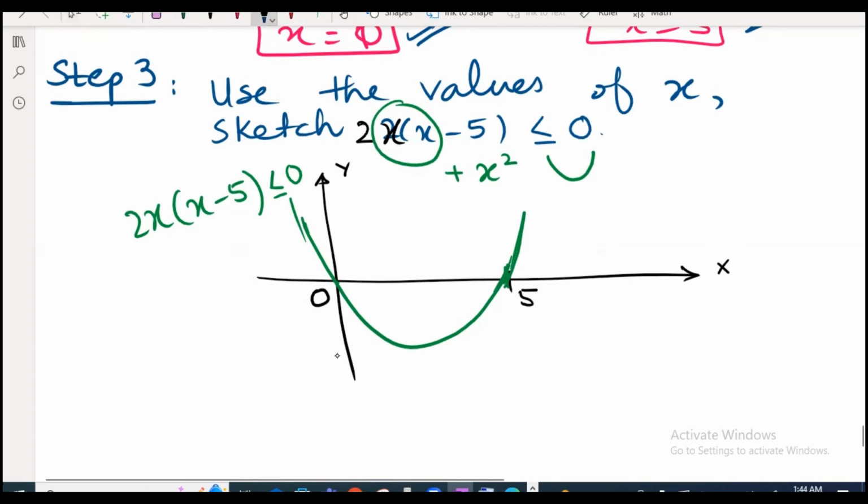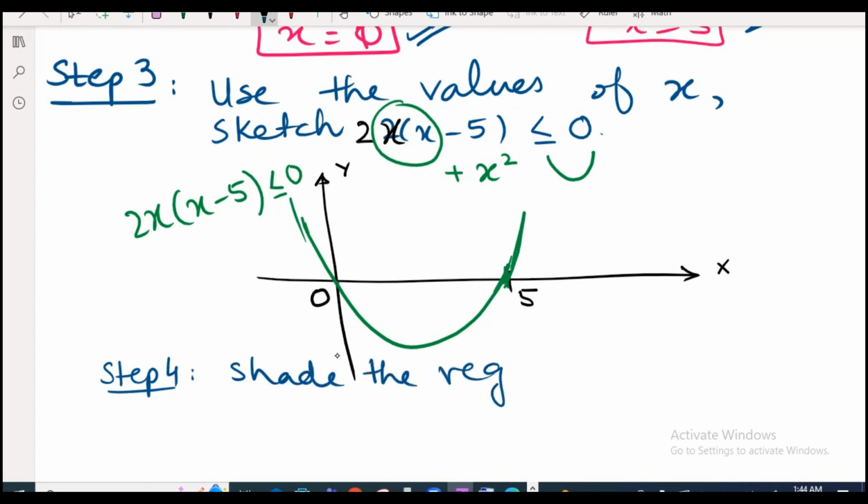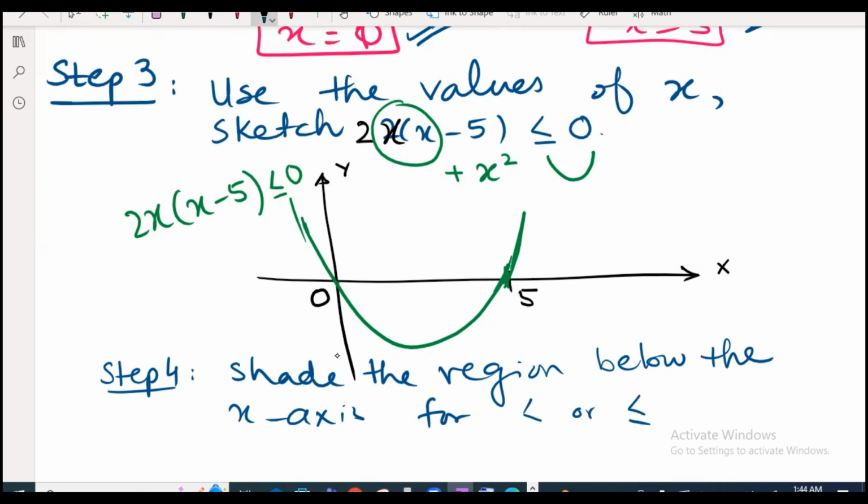So step number 4. Shade the region below the x-axis, or you can say for lesser than or lesser than equal to sign.